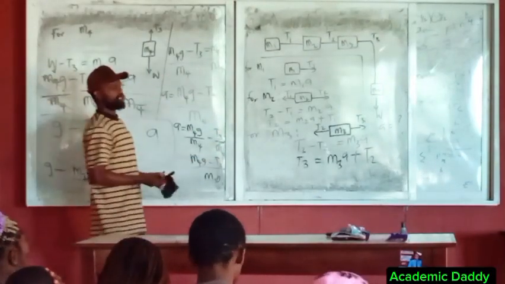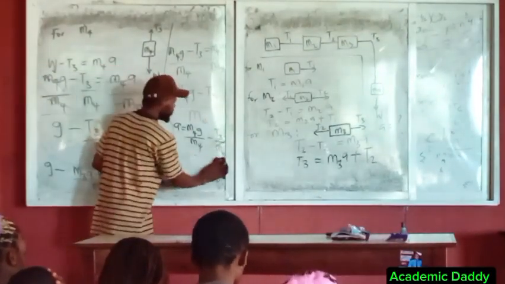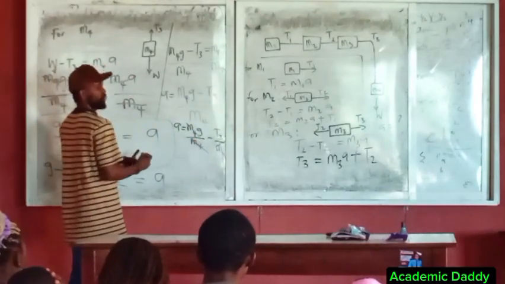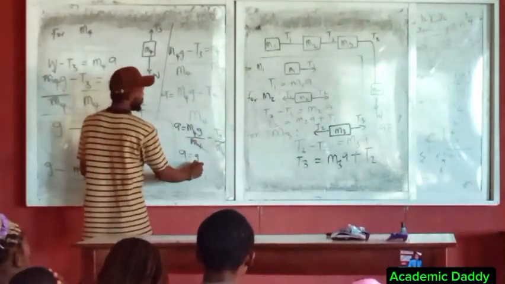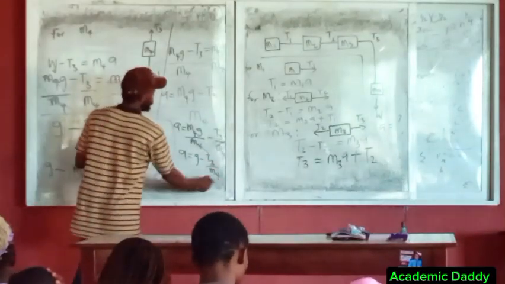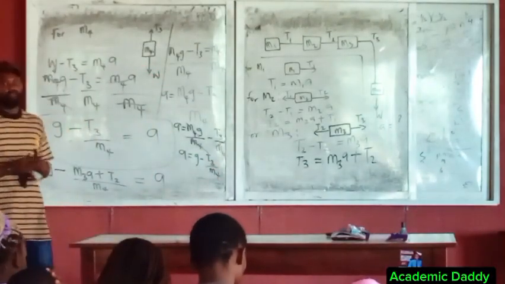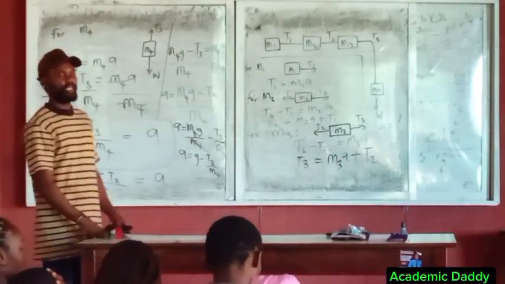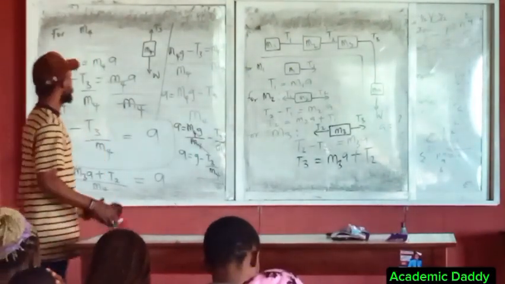Which is the same thing. So that's why I just separated it, so that now m4 can take care of m4. So I'm left with a equals g minus T3, very simple. Alright, read the next one.